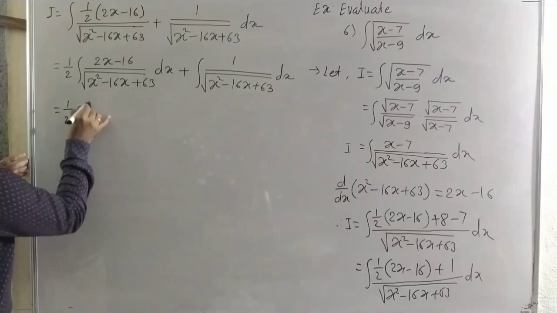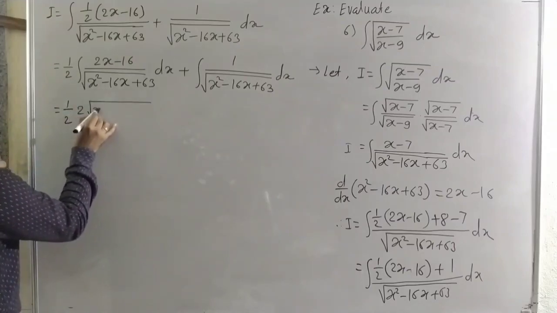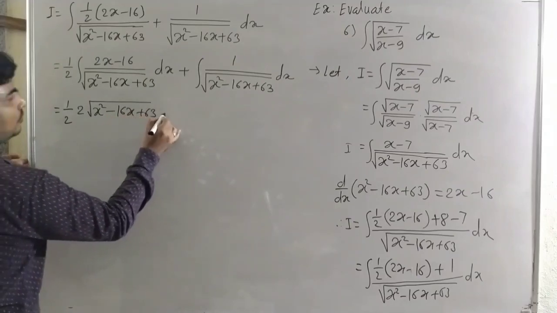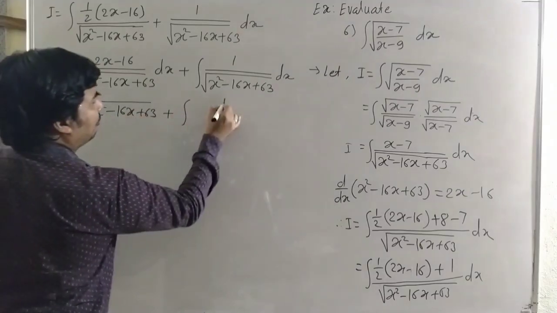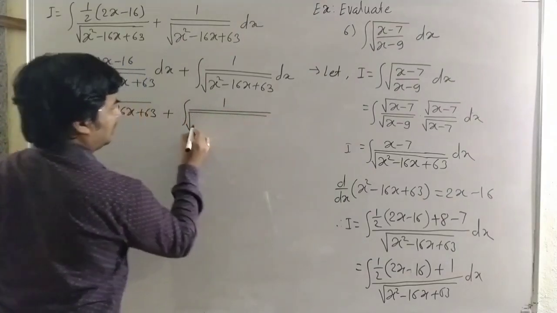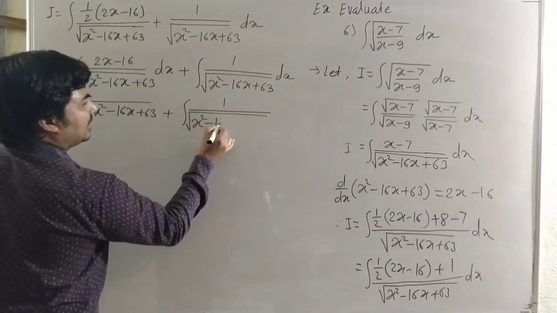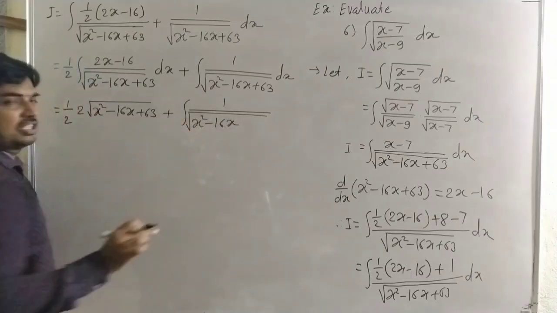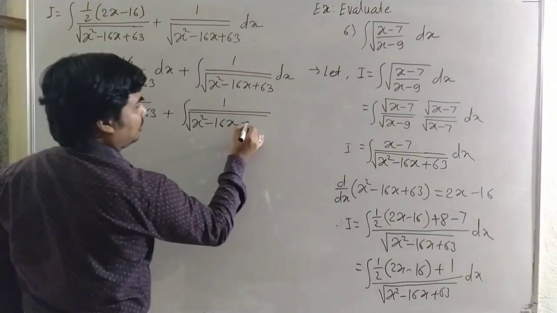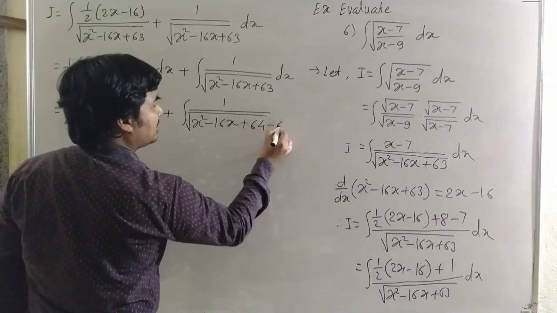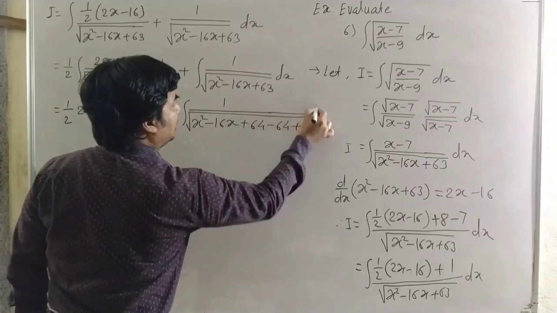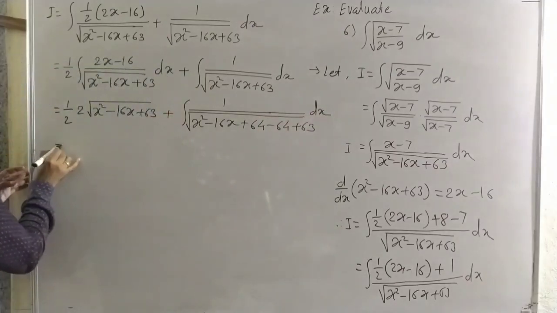Now 2 into under root x square minus 16x plus 63, plus the integral of 1 upon under root x square minus 16x. The coefficient of x is 16, half of 16 is 8, and the square of 8 is 64. Therefore plus 64 minus 64 plus 63, dx. And then the 2 gets cancelled.